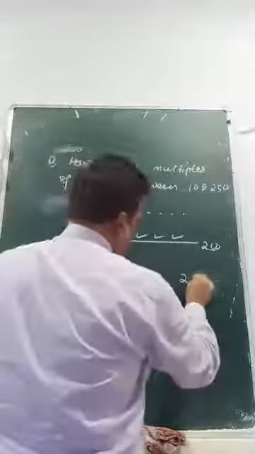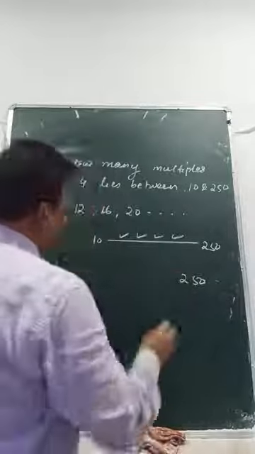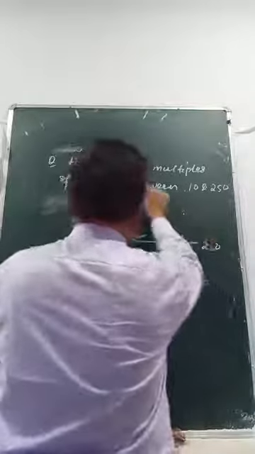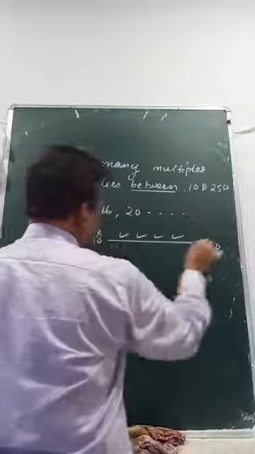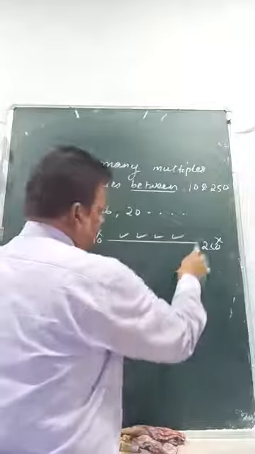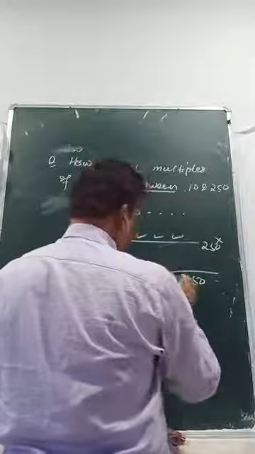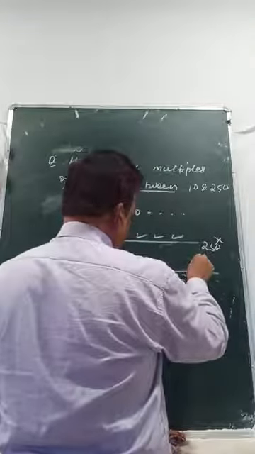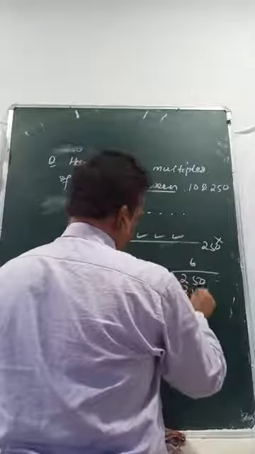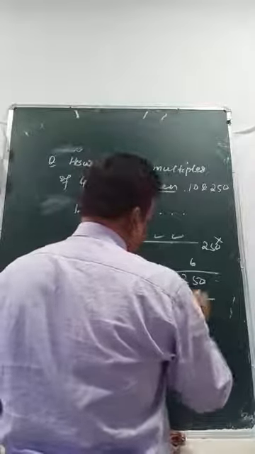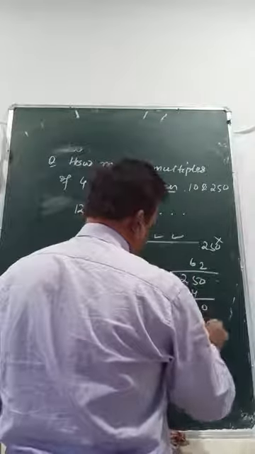250 is also not divisible by 4, and because you are asked between, these two you are not taking. So what is the previous number? For that you divide by 4. 4 sixes are 24, 10, 4 twos are 8.